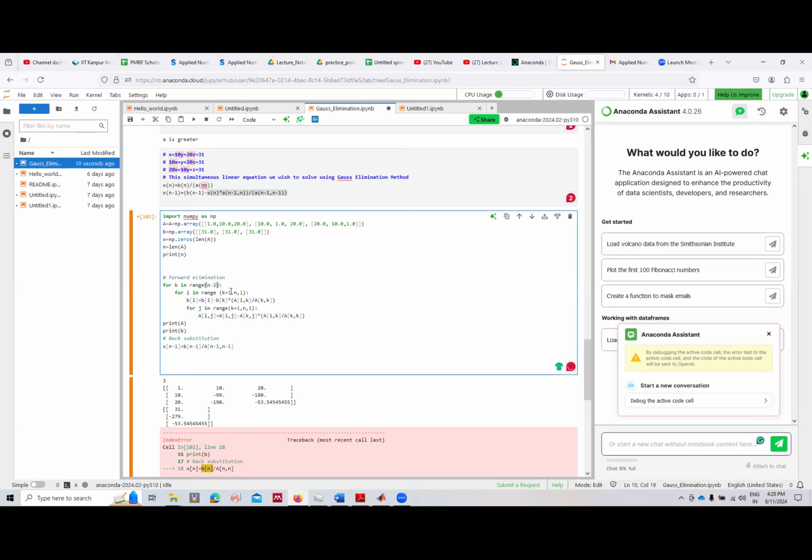Here k starts from 1 and it goes from, so it inherently does not involve.